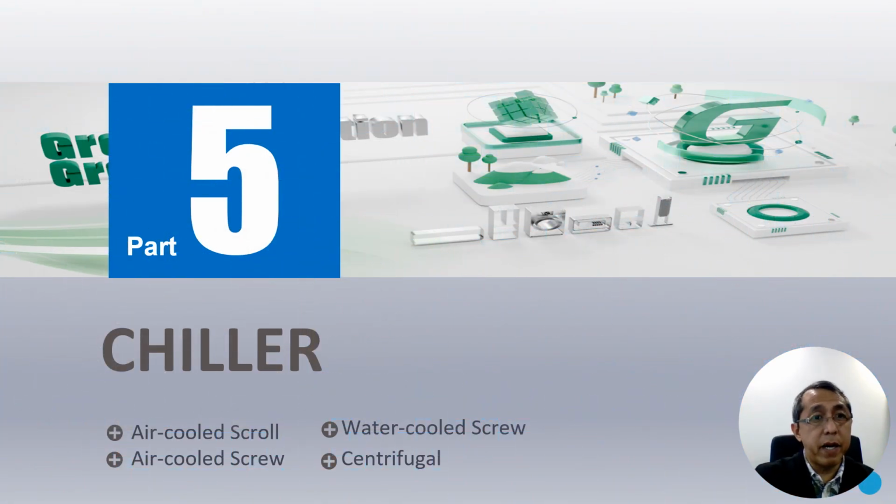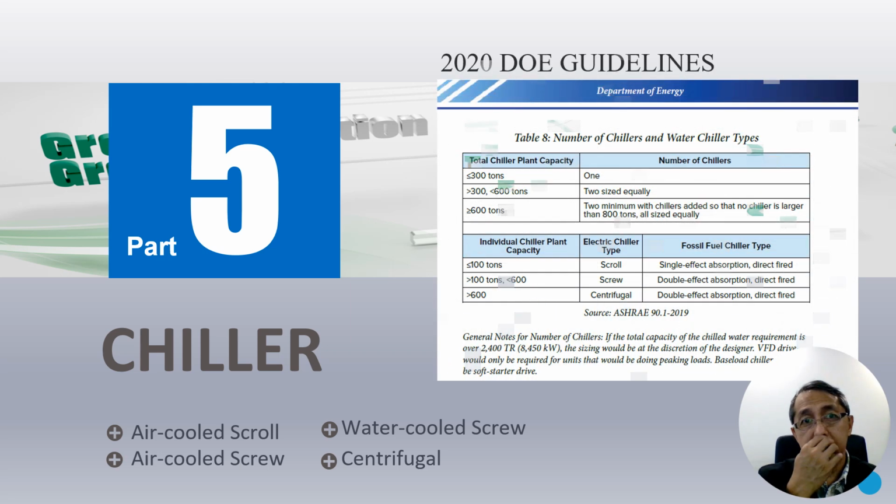Now let's go on to part 5, which is the chiller. There is a 2020 DOE guideline that was released by the Department of Energy. If you're using chillers, the number of water chillers in the guidelines is stipulated in Table 8.